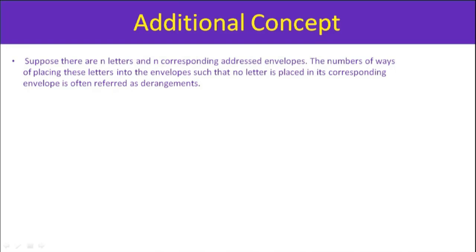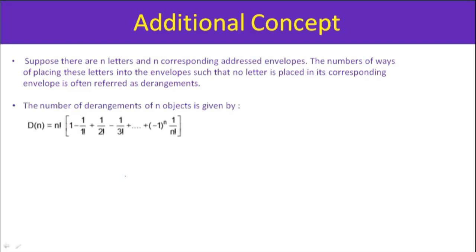And the formula to that is this. I have to derange n objects. The formula is n factorial into 1 minus 1 upon 1 factorial. The way in which you can remember this is this: 1 upon 0 factorial minus 1 upon 1 factorial plus 1 upon 2 factorial minus 1 upon 3 factorial and so on and so forth till n.